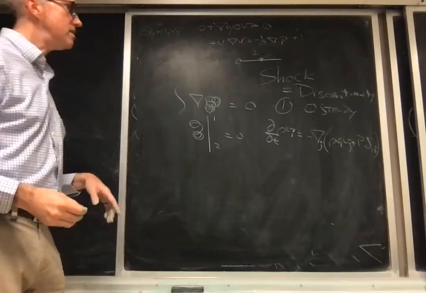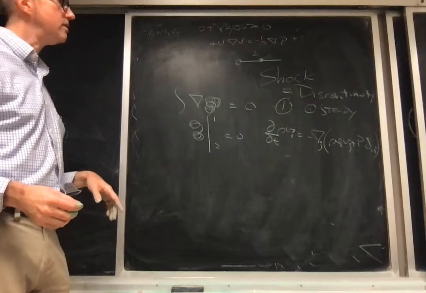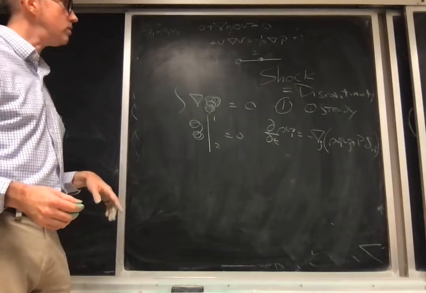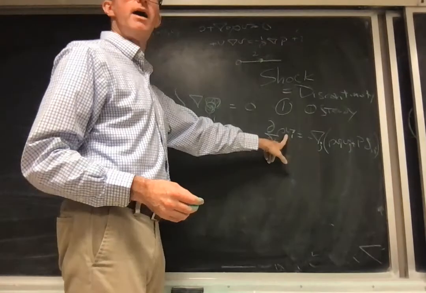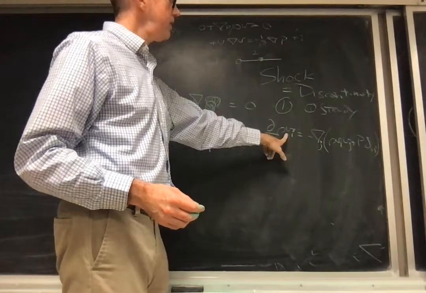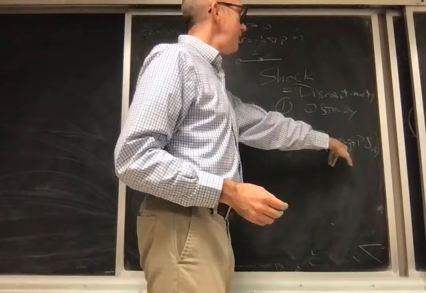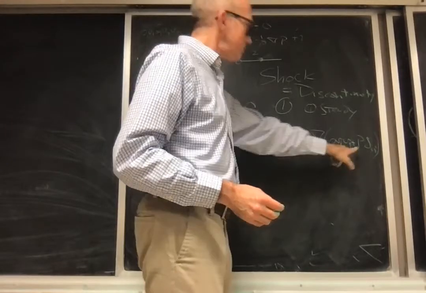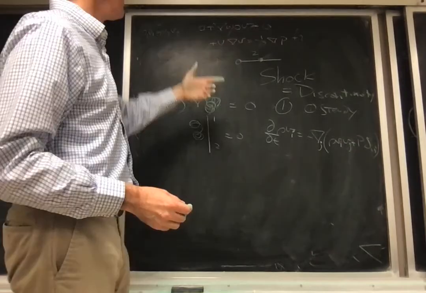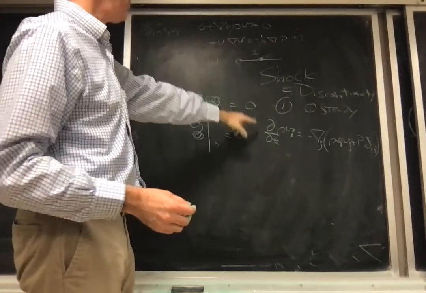Let's use the indices here so that we can see what this equation is actually telling us. d of momentum i, the i component of momentum, is minus div of momentum i times vj plus the pressure term. So this is equivalent to these two equations. If you take these two equations and pack them together, you get this one.